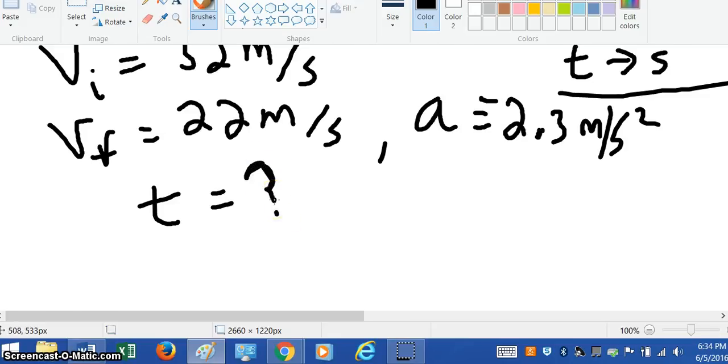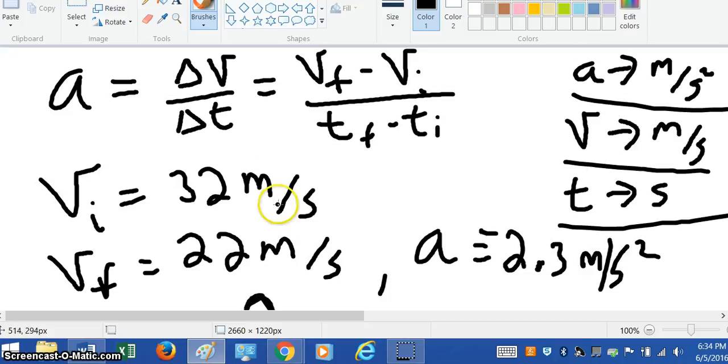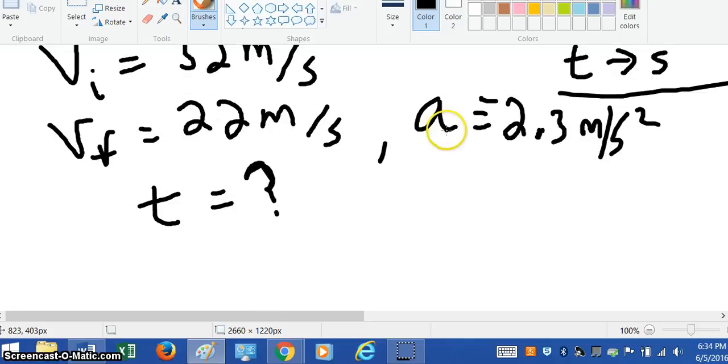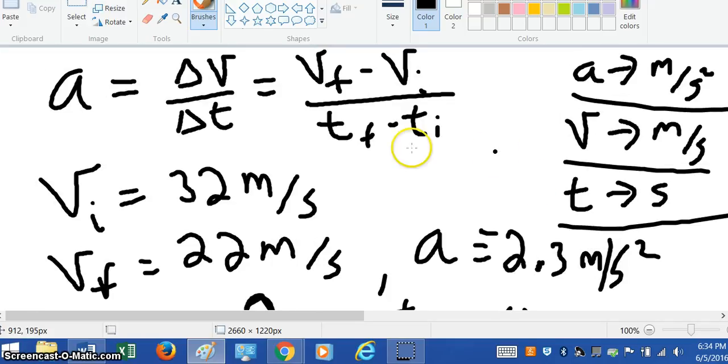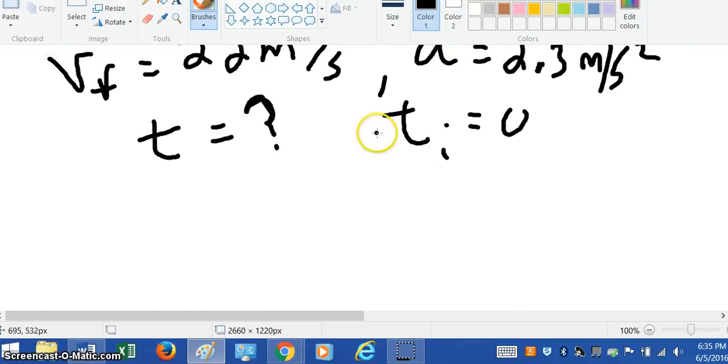We're not interested in an initial time, so let's assume that the initial time is 0. So t initial is 0, and we're really solving for the final time, or really just t. If you look back at this equation, t is in the denominator here. Let me rewrite it down here.